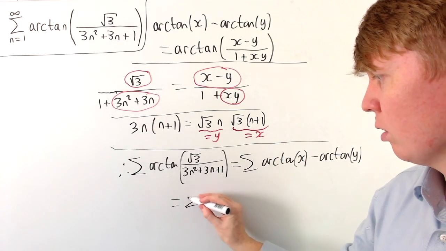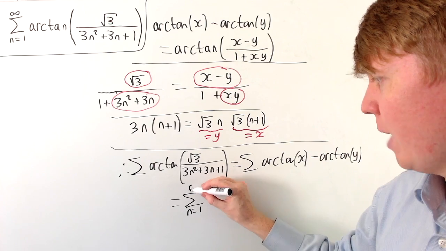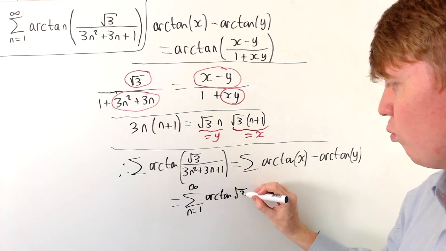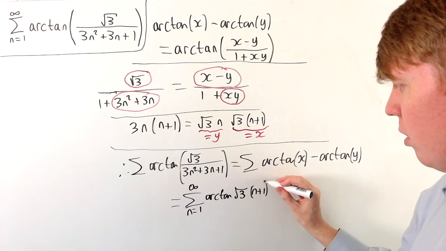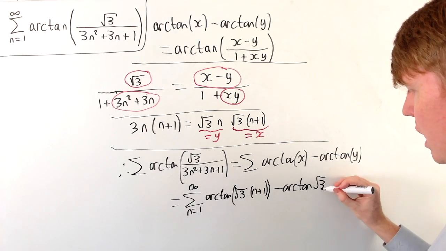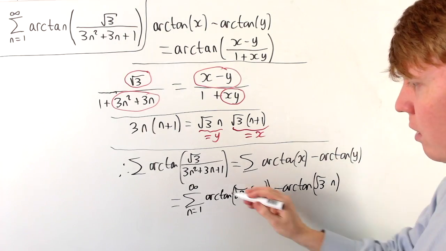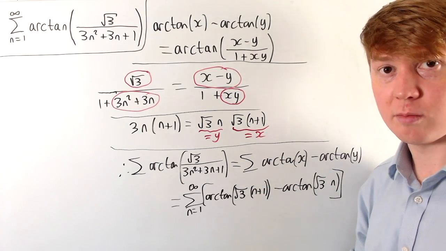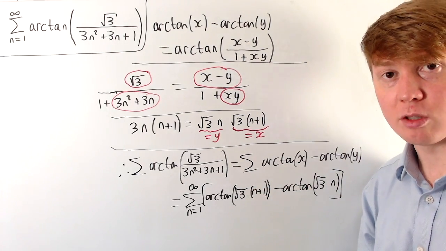So we can write this more formally: the sum from n equals 1 up to infinity of arctan of root 3 times (n plus 1), then we take away arctan of root 3 times n for our y term. So we're taking the sum now of the differences between each of these terms, and this is now suddenly much more manageable to work with.